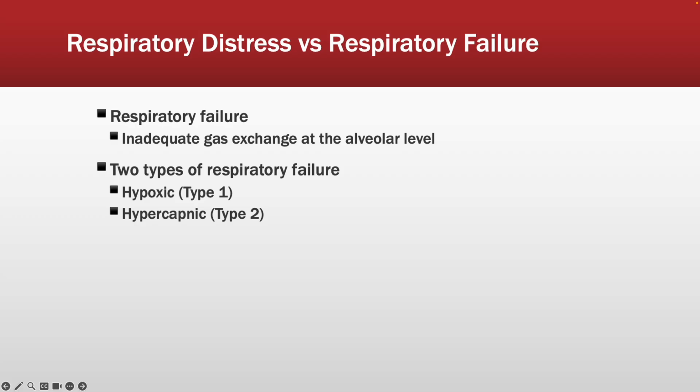There's two types of respiratory failure. You've got type 1 and type 2. Type 1 is going to be hypoxic, from low oxygen. Type 2 is going to be hypercapnic, from an increase in CO2, or basically they're not able to get rid of the CO2, and that gas starts building up in the bloodstream.